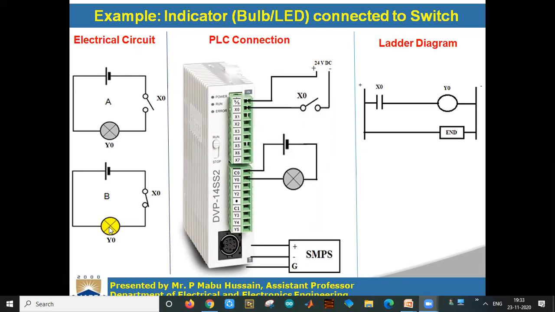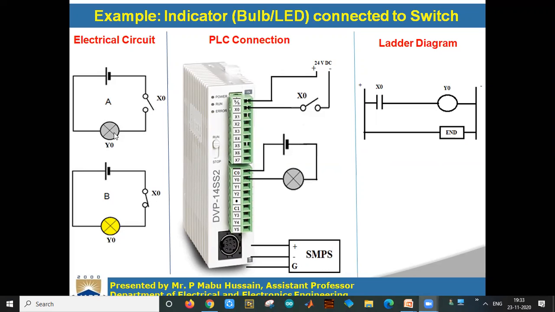Suppose I'm taking the example of an indicator connected to a switch. So in this experiment, what are the number of inputs and what are the number of outputs? If you observe here in this circuit, the switch is the input and the LED is your output. That means in your experiment there will be only one input and only one output.